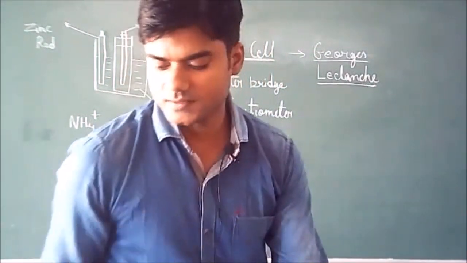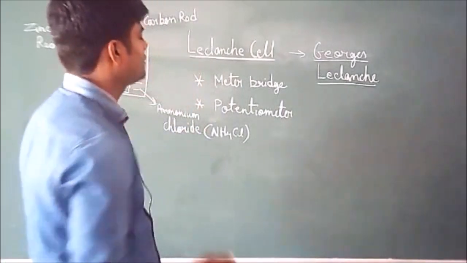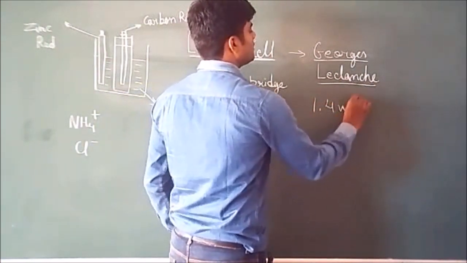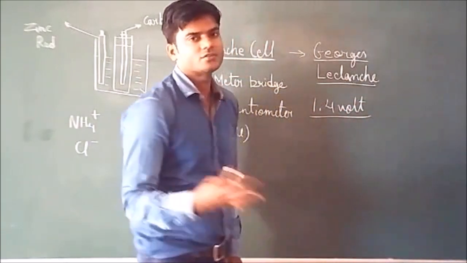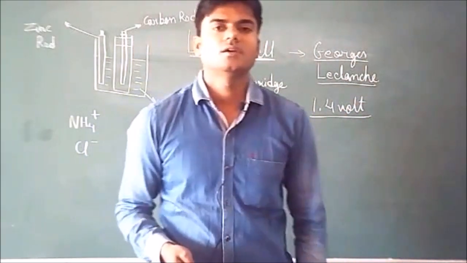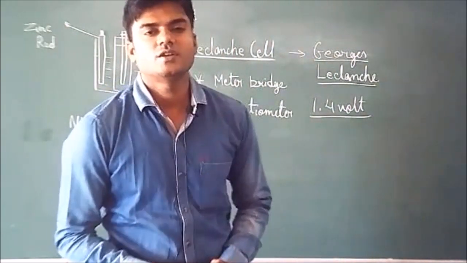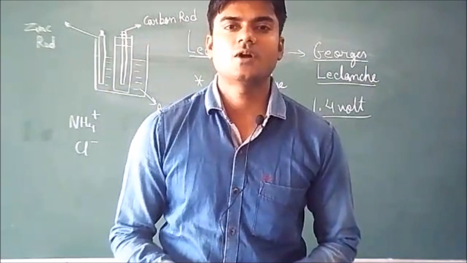And it gave us a potential difference of 1.4 volt. If some zero error is there, then we'll see about it. So it gave 1.4 volt. This is how we are going to see more about it in the upcoming practicals.